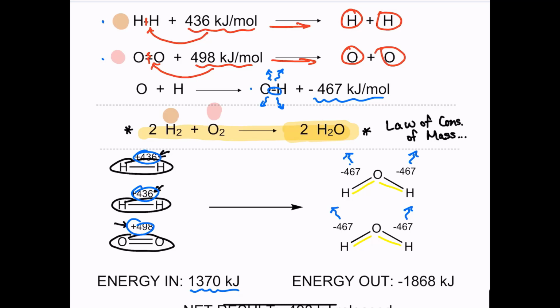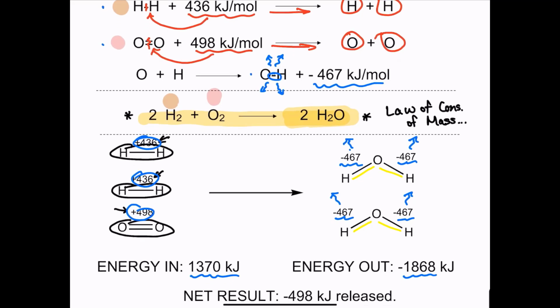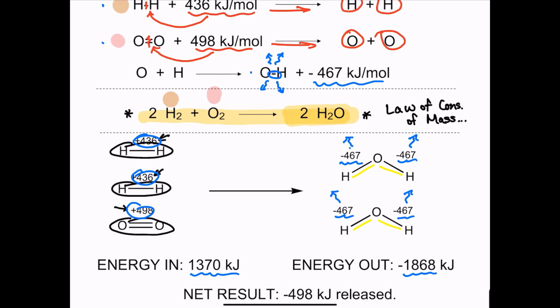And then if you add up these guys, that amounts to negative 1,868 kilojoules of energy out. So as a result, 1,370 minus 1,868, that results in 498 kilojoules released. Okay, so just the formation of water from hydrogen and oxygen gas releases energy as well.